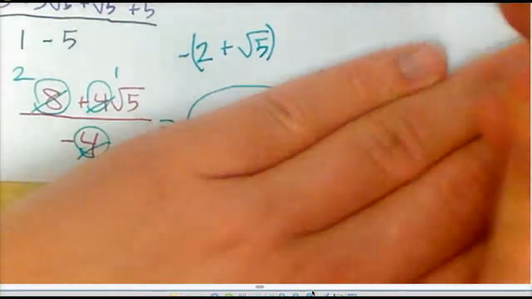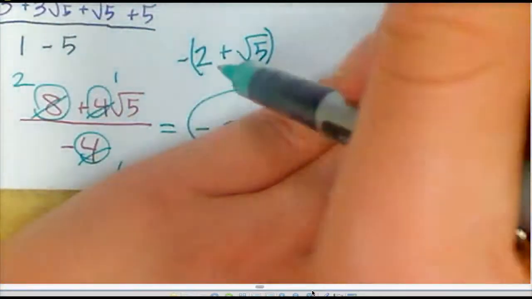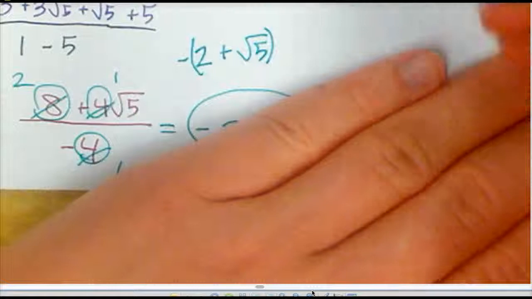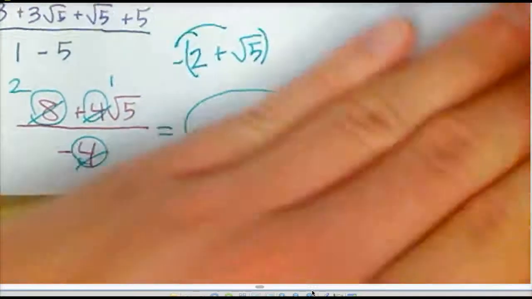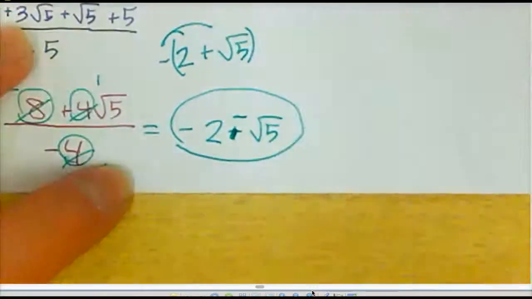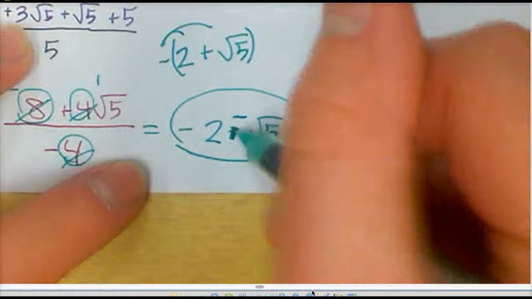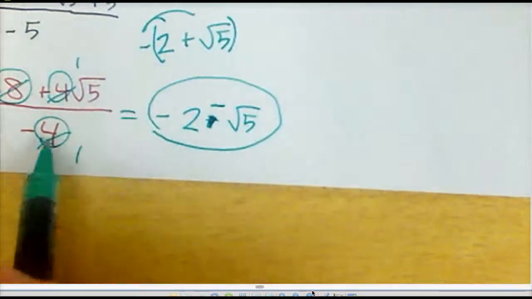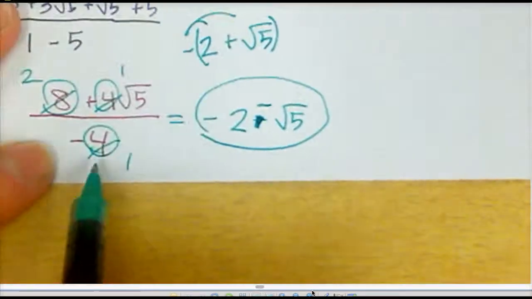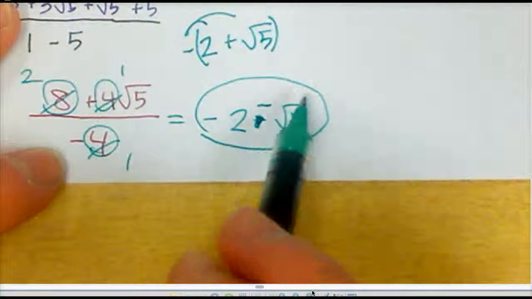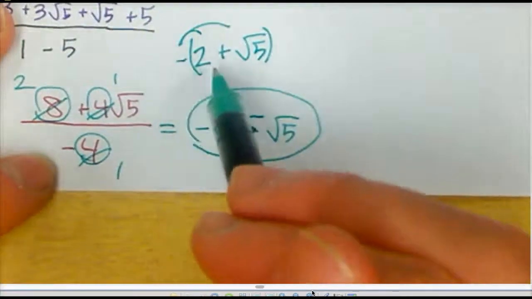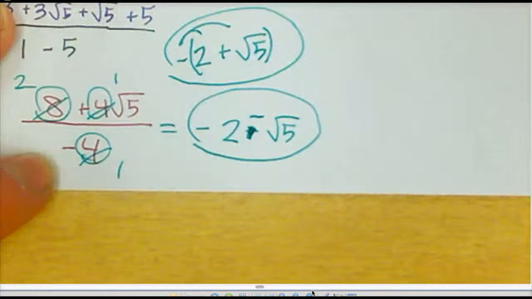The reason being is this denominator here is a negative, and so you're dividing both the 8 and the 4 by a negative, so you can either write the answer like this, or you can distribute this negative sign, and your answer would look like this, negative 2 minus radical 5. Again, dividing 8 and 4 by this negative 4 means both these terms have to be a negative, or you can put the negative out front with some parentheses there. So either one of these would be okay for a final answer.